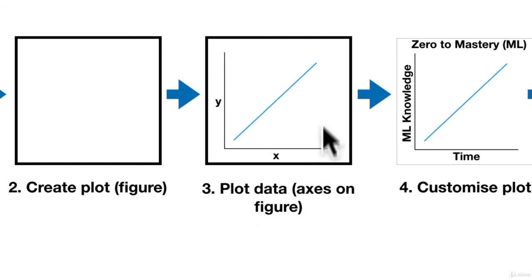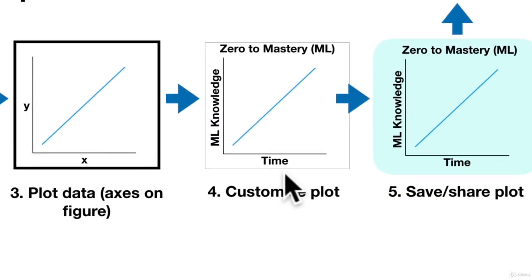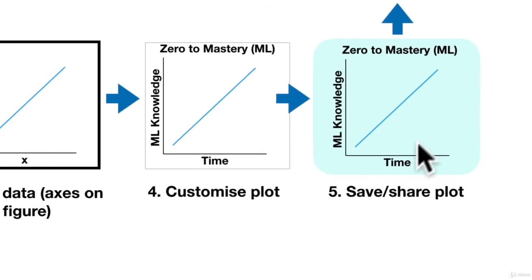And so once you've plotted some data, you'll have something that looks like this, an X and a Y axis with some information on here. Then you can customize the plot and add in a title here, and another title here, and a title here. So in this case, we've got the 0 to mastery machine learning, and over time, your ML knowledge is increasing. Well, that sounds great. That's kind of similar to what we're doing now. And then finally, you'll save or share the plot.